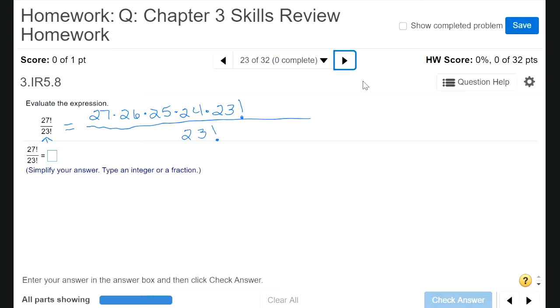Because notice now that I have a 23 factorial on the top and the bottom, those cancel, as if you were simplifying a fraction, which is what we're doing. And then what remains is this. So to get the answer, I just have to multiply those 4 numbers together.